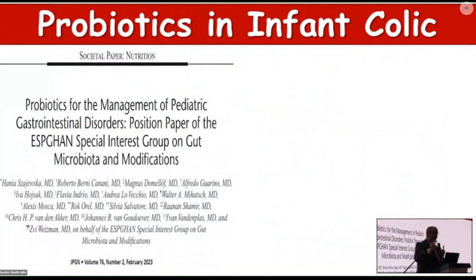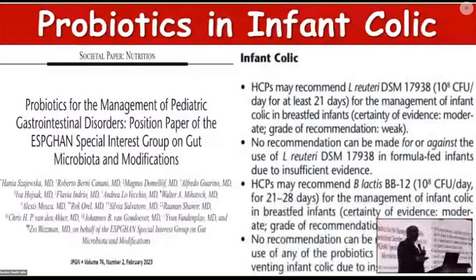This is the most recent recommendation by ESPGHAN, from February 2023, just 4 months ago, about probiotics in infant colic.